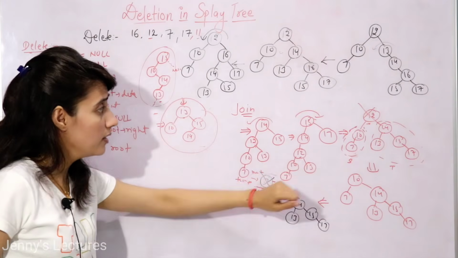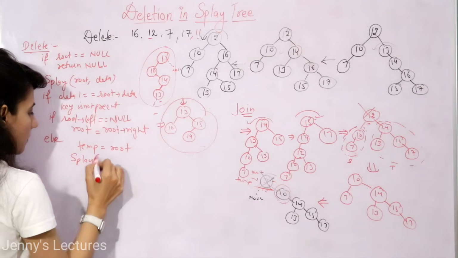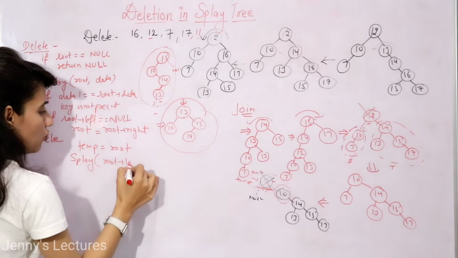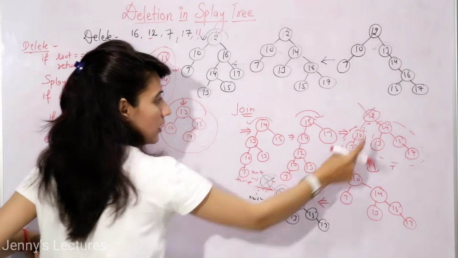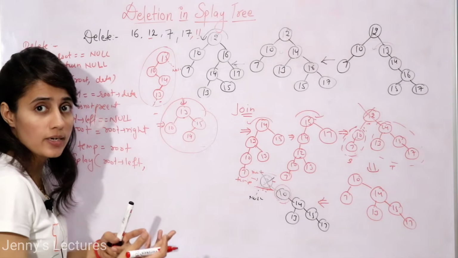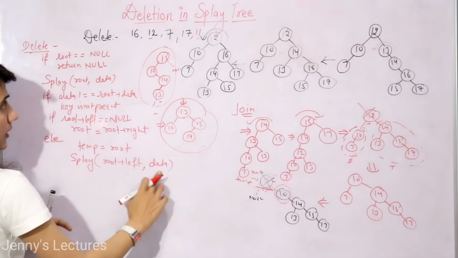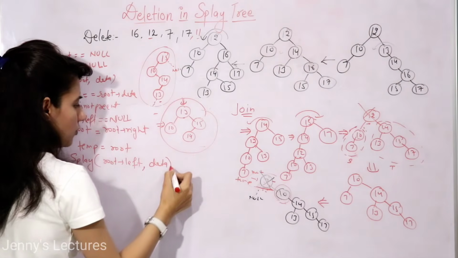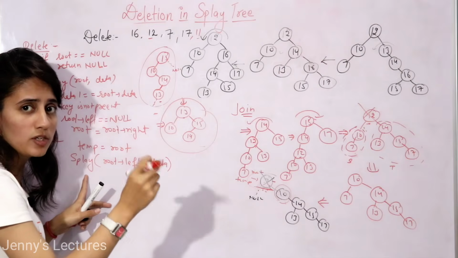Now here simply you can write splay the root of left, meaning the left subtree, we are going to pass the address of root of left. For which key, for which data, you can write the data you want to delete. So now this splaying operation will do all the steps like finding the maximum and splaying for that element.